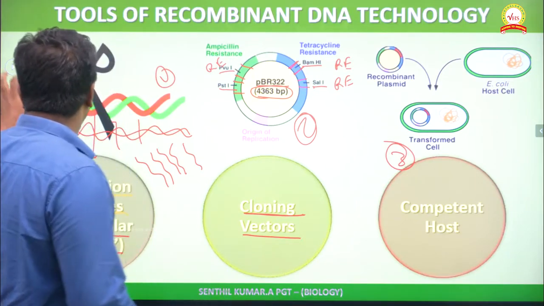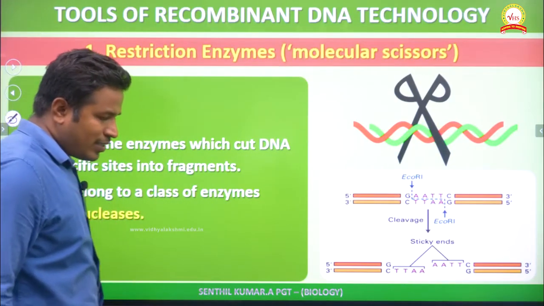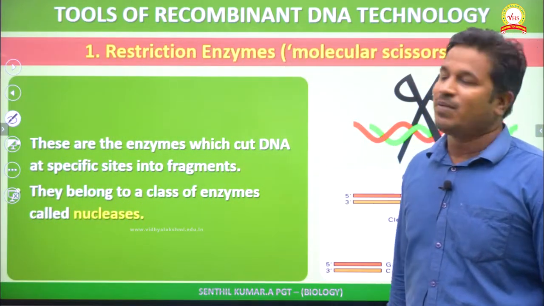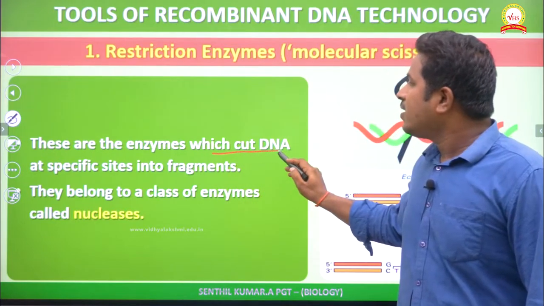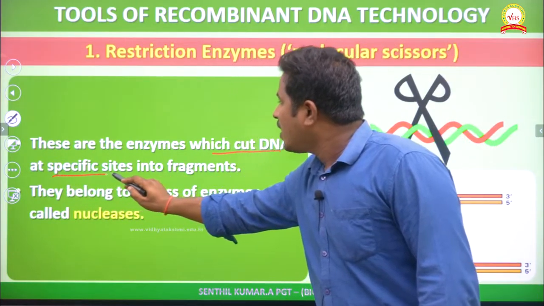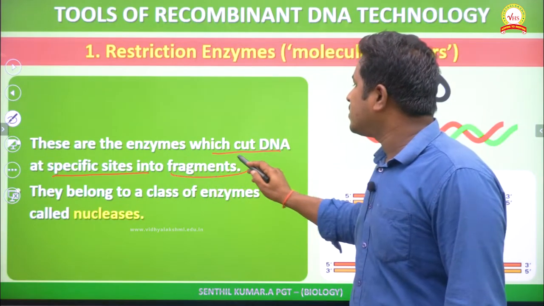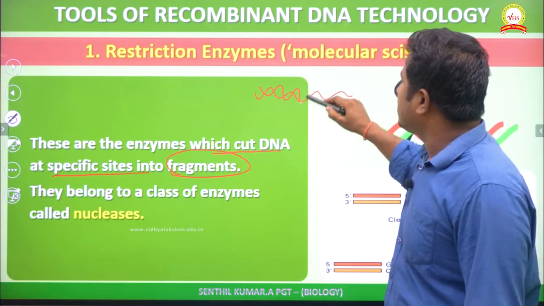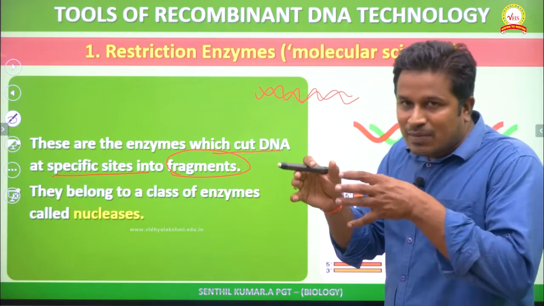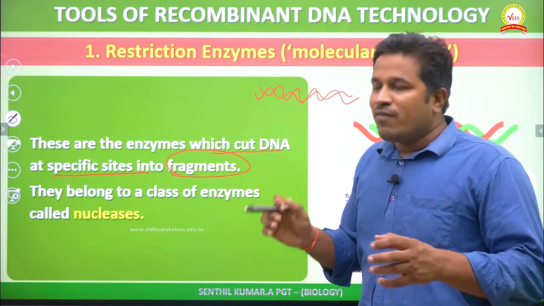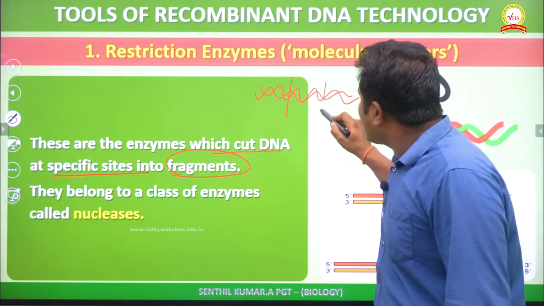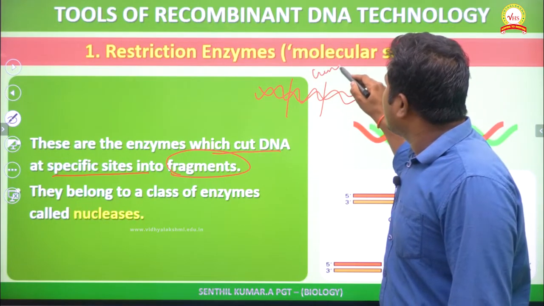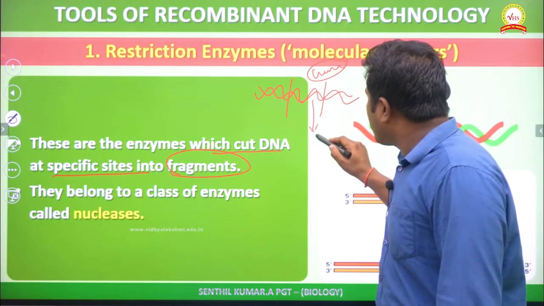Next, about the restriction enzyme in detail. What is a restriction enzyme actually? The enzyme which cuts DNA at specific sites into fragments. If we take some sequence of DNA from a human, we need a particular part of the DNA, a gene which can express a particular protein.